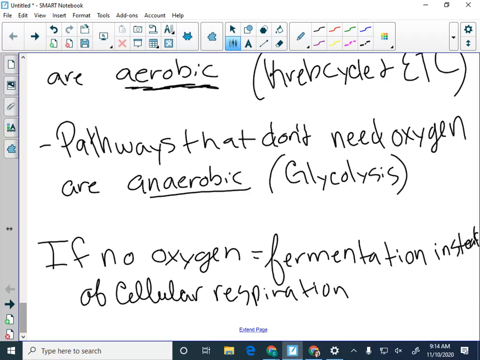So if we don't have oxygen, fermentation takes place instead of cellular respiration. We'll talk about fermentation a little bit later as kind of an alternate pathway. But right now we're talking about cellular respiration. We're going to the aerobic processes.